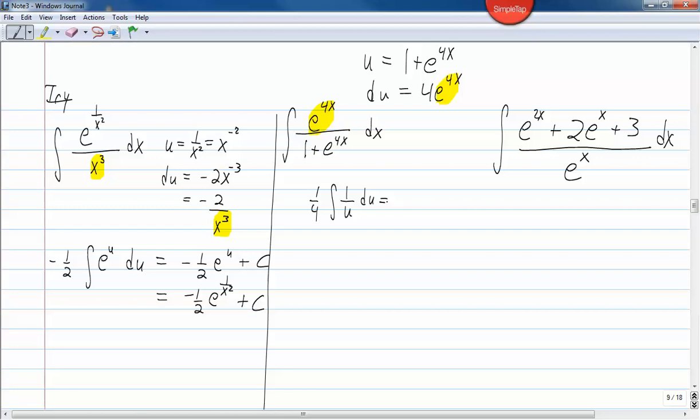And that's a natural log integral. So that's equal to 1/4 natural log absolute value of u plus c. So that's 1/4 natural log absolute value of 1 plus e to the 4x plus c. Okay.